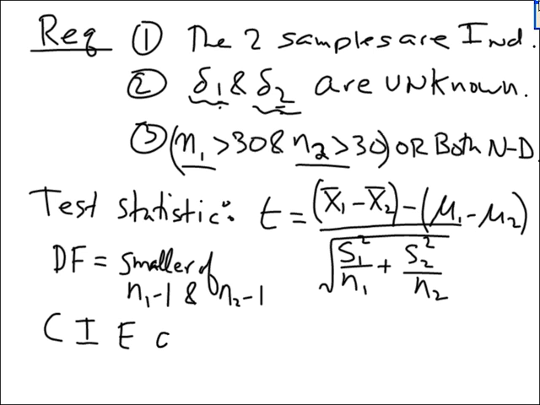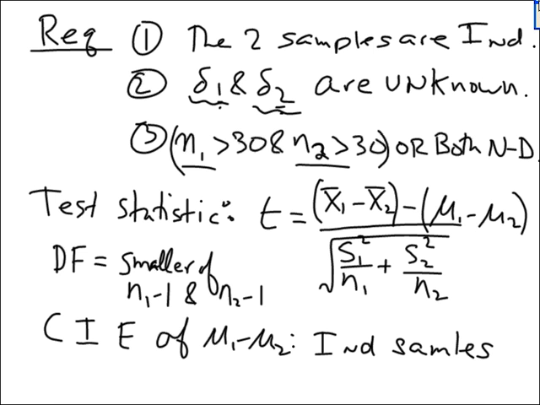Remember, the title of this section was Inferences About Two Means. So we want to talk about the difference, mu1 minus mu2. Are they different or not? And this is for independent samples.